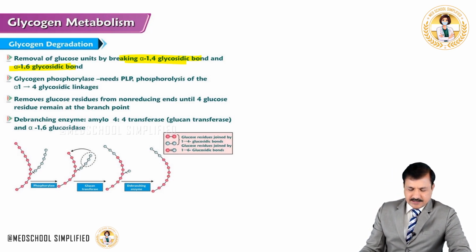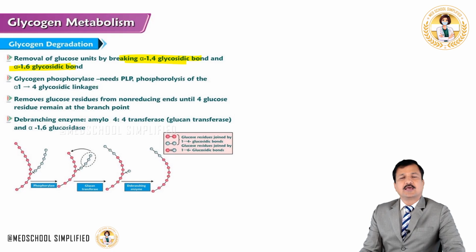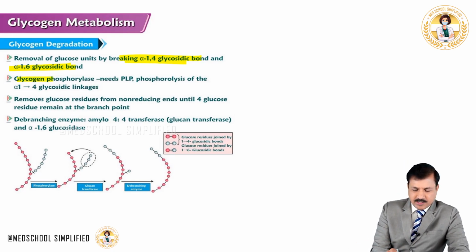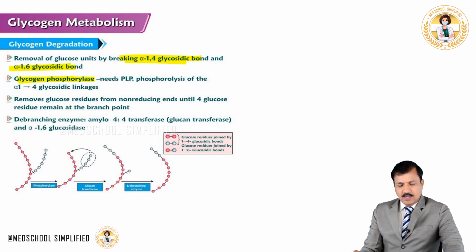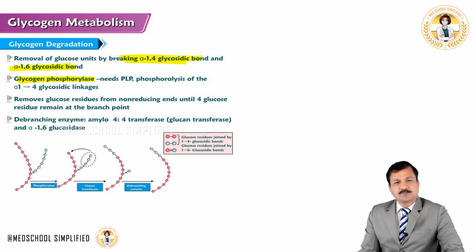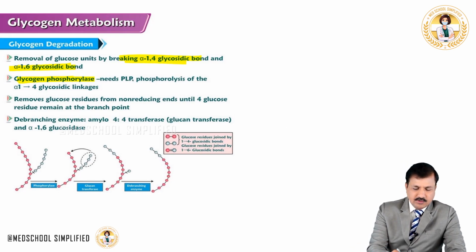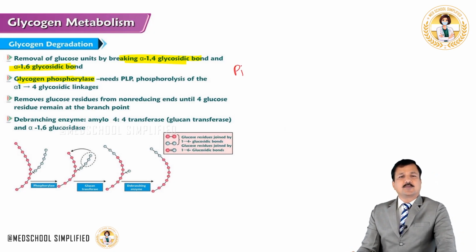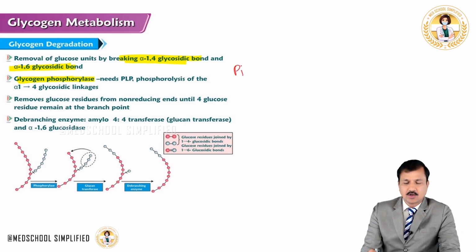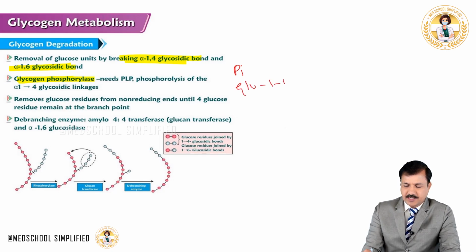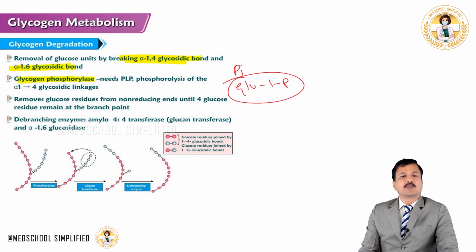Glycogen degradation is initiated by the enzyme glycogen phosphorylase. Note that glycogen phosphorylase, as the name suggests, incorporates inorganic phosphate as a nucleophile, breaks the alpha-1,4 glycosidic bond and releases a glucose-1-phosphate molecule.